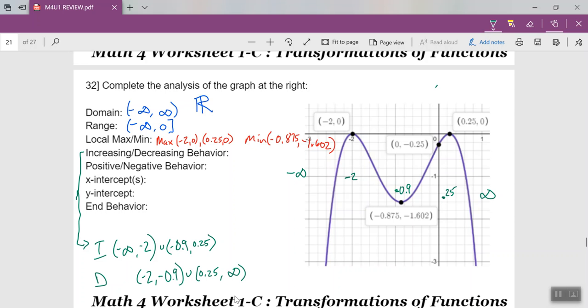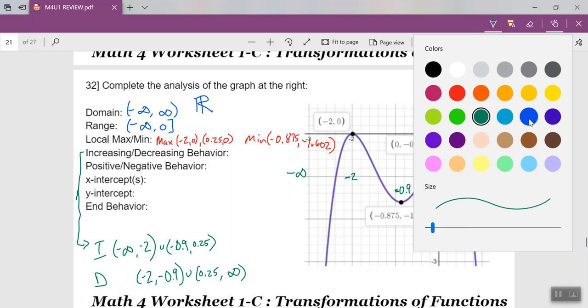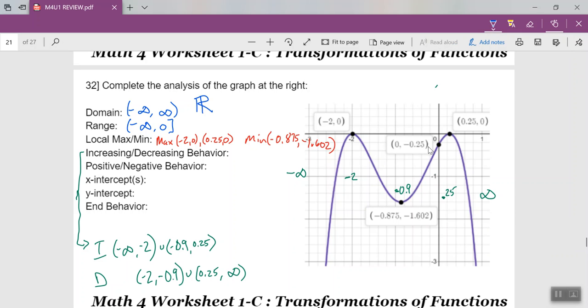So that's what our increasing and decreasing ought to look like. Our positive and negative behavior: there is no positive. Everything is below the axis except for those two spots.